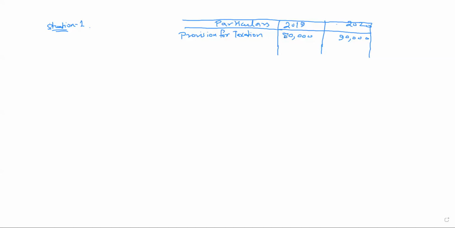That means over here, provision for taxation, 80,000 is the amount of tax for the previous year. And this is the amount of tax for the current year. Are you getting my point clear, students?